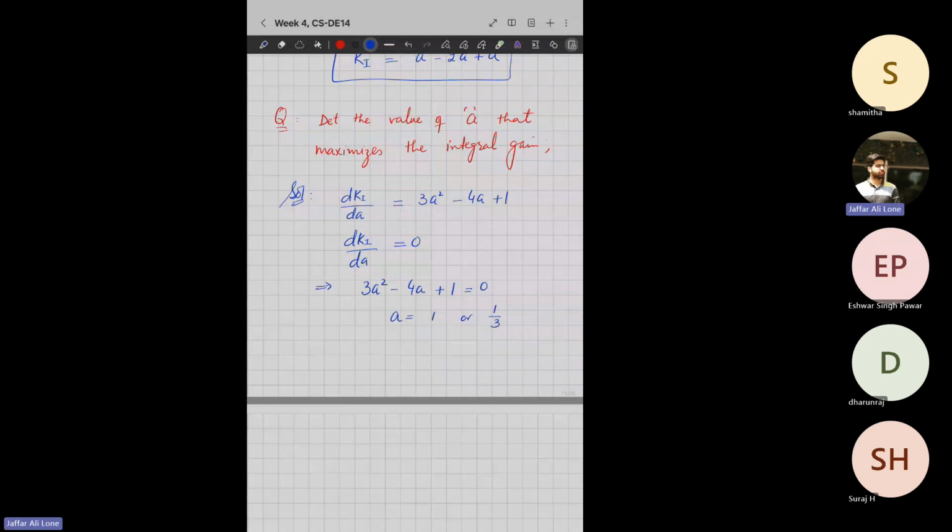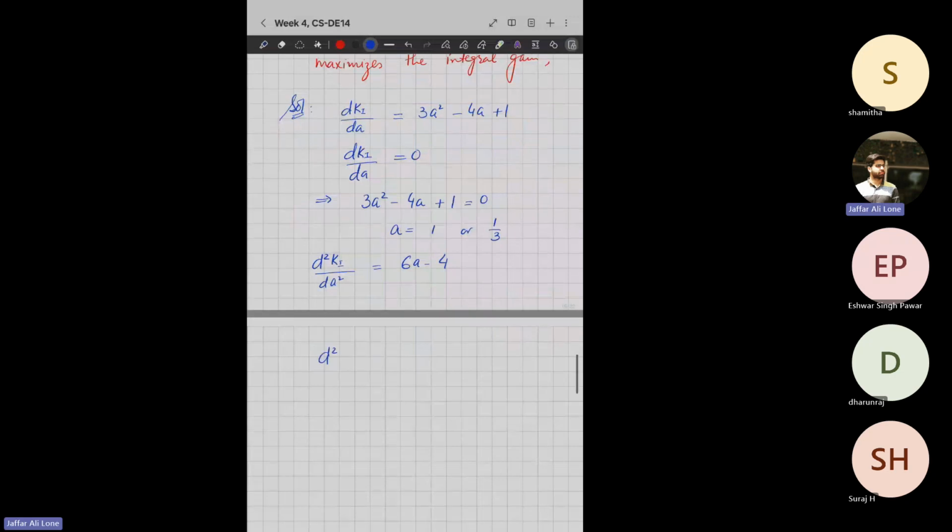Now see, second derivative, d square Ki over dA square will be equal to 6a minus 4. Now d square Ki by dA square at a equal to 1, what will it be? 6 minus 4 equal to 2.